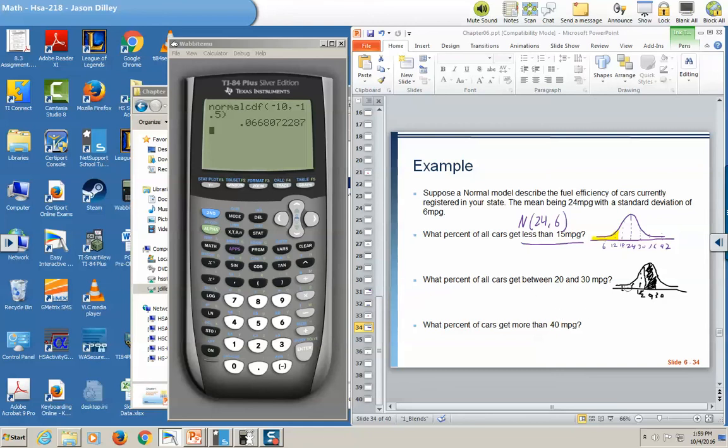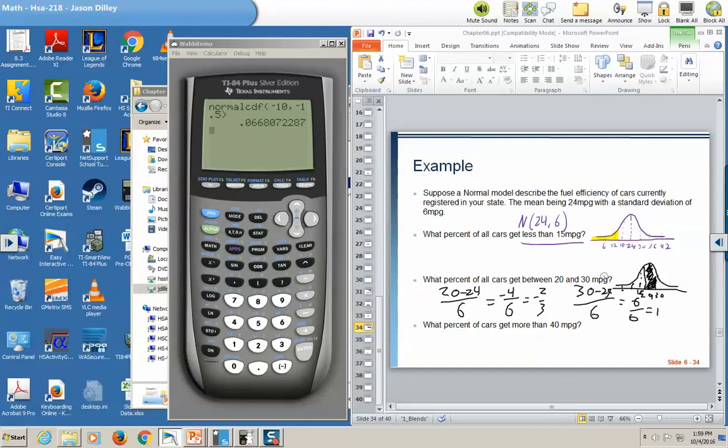So again, we're going to tell our calculators to do the lower bound here and the upper bound here. I need to find z-scores for each of these. So 20 minus 24 over 6 gives me -4/6, or -2/3. And then 30 minus 24 over 6, that actually should not be surprising to me because that's 1.